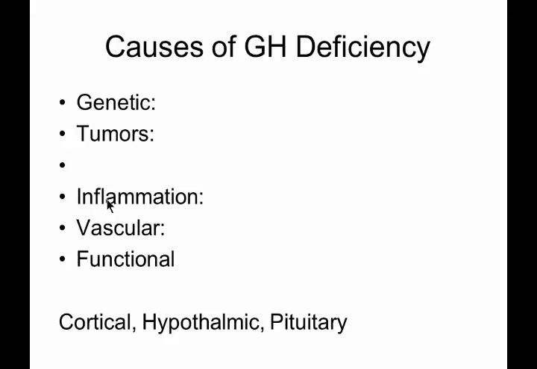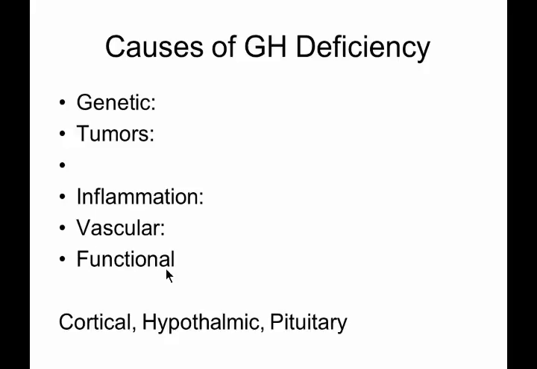So a lot of chronic granulomatous diseases such as sarcoidosis, tuberculosis, or autoimmune diseases can cause abnormalities and destroy either isolated or the various variations in growth hormone. We'll talk about this more later. And of course, vascular diseases can also, an aneurysm of the circle of Willis can invade the pituitary, or one can have an ischemic necrosis of the pituitary.